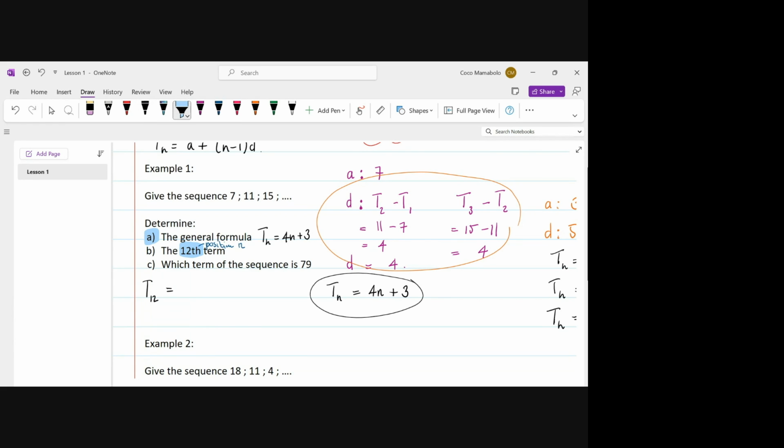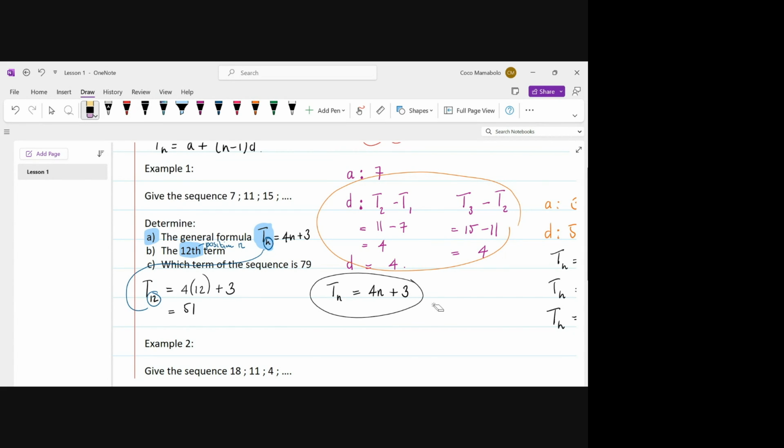If you look very closely, this is Tn, and I've taken this tiny little n and replaced it with a 12, which means I now have to go into my whole formula, and wherever I see an n, I'm going to replace it with 12. So T12 is equal to 4 times 12 plus 3, and that will give me the answer I'm looking for. 4 times 12 is 48, plus 3 is 51.